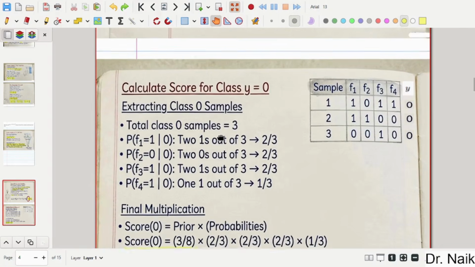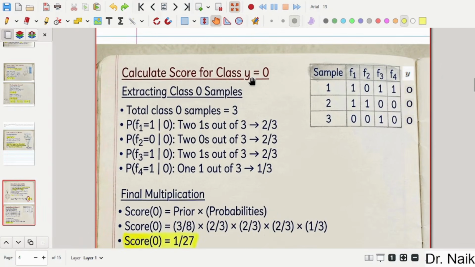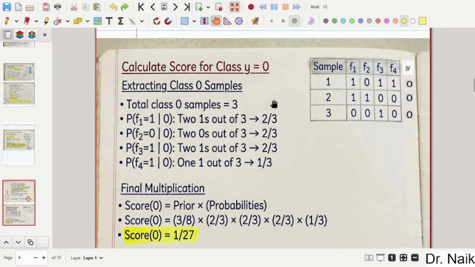Now calculate the score for class y equal to 0. Total class 0 samples are 3: samples 1, 2, 3 belong to class 0.